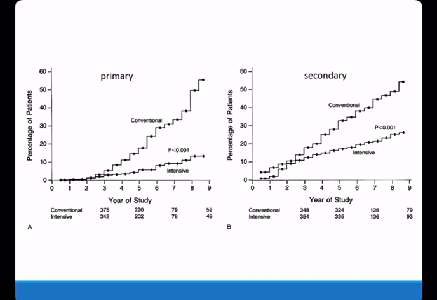The intensive therapy reduced the adjusted mean risk for the development of retinopathy by 76% as compared to conventional therapy, and we can see that the reduction in the risk increased with time. It is concluded from this clinical trial that intensive therapy effectively delays the onset of diabetic retinopathy in patients with insulin-dependent diabetes.